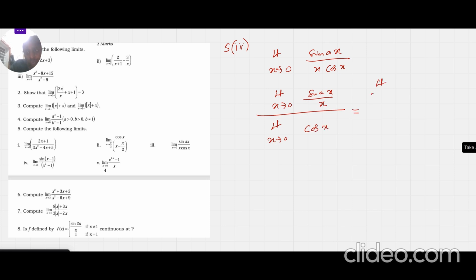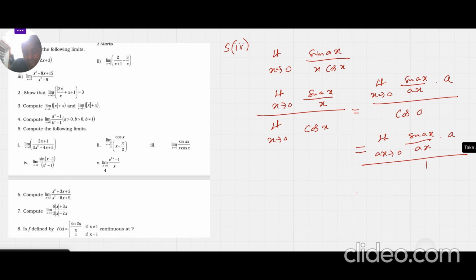So for the numerator, observe limit x tending to 0 of sin ax by x, multiply and divide with a. For the denominator, substitute cos 0, so the denominator becomes 1. So limit ax tending to 0 of sin ax by ax, this part becomes 1 now. 1 into a by 1 is equal to a. That is the answer.